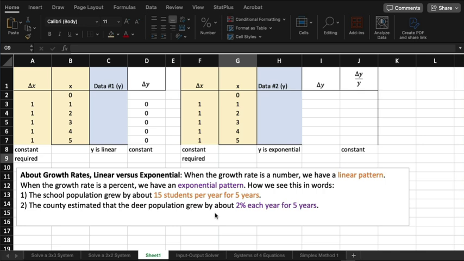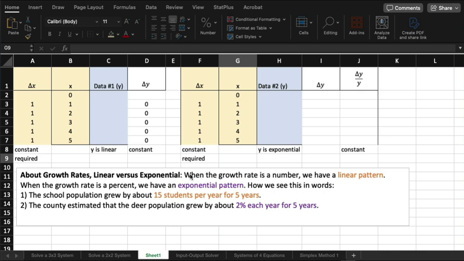Because in both situations, you can talk about the rate of growth. The rate of growth can apply in a linear situation, and the rate of growth can apply in an exponential situation. But how do you know the difference? And how do you calculate those differences? Okay, so we're going to go over that today.